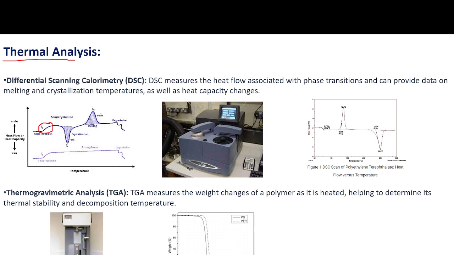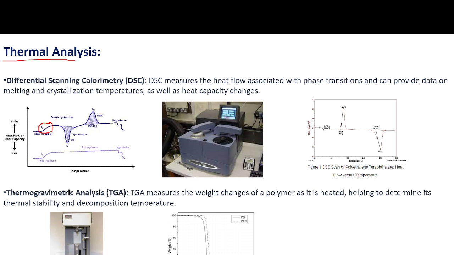When we heat them, the reference pan has only air, so the heat absorbed by the reference pan will be different from the heat absorbed by the polymer pan. From there we get a curve of heat capacity versus temperature, and from here we can calculate the polymer melting temperature or Tg.